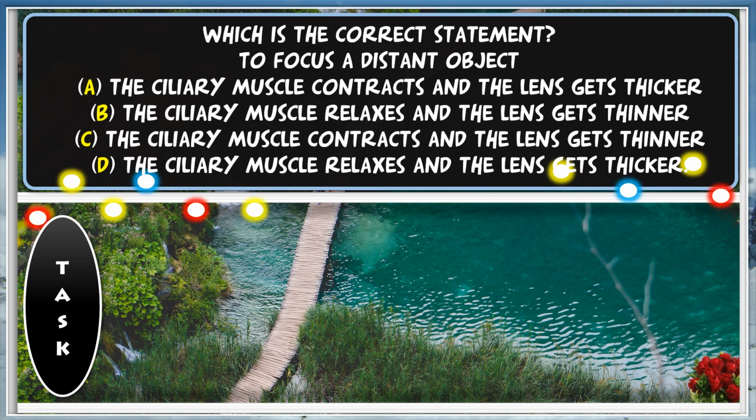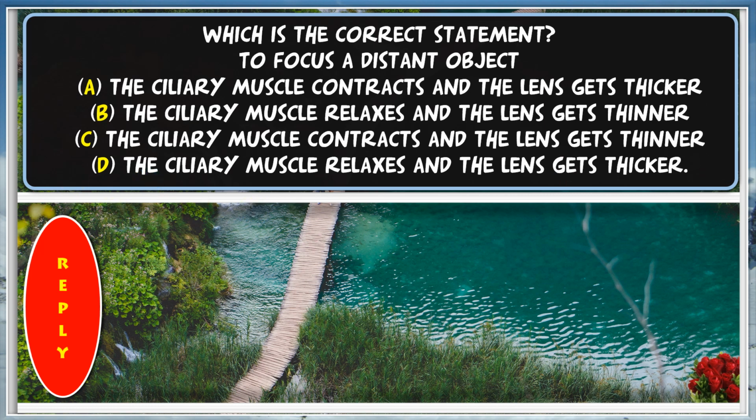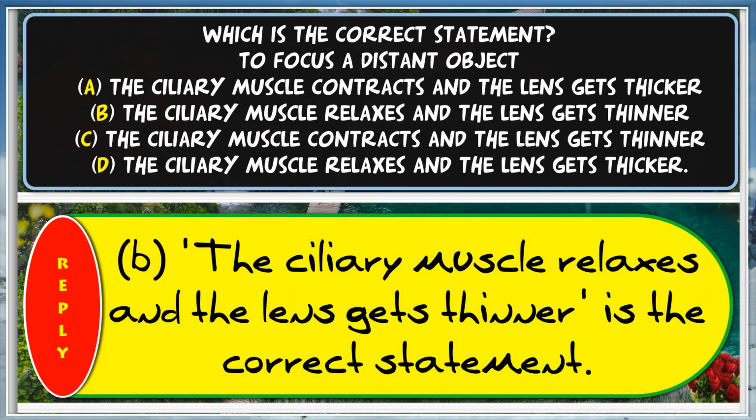D. The ciliary muscles relax and the lens gets thicker. It's B. The ciliary muscles relax and the lens gets thinner is the correct statement.